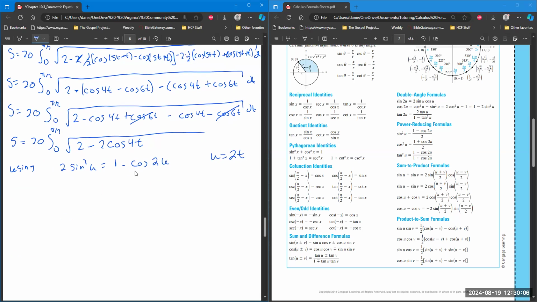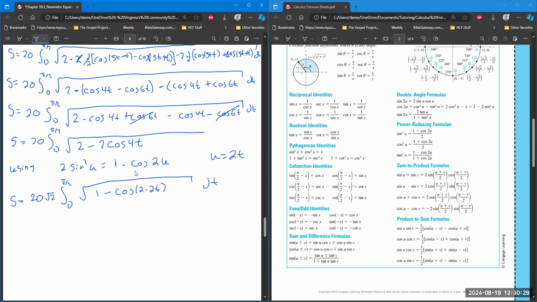So I'll pull my root 2 out as a factor, and s equals 5 root 2 from 0 to pi over 2 square root of 1 minus cosine, like I said, of 2 times 2t dt.